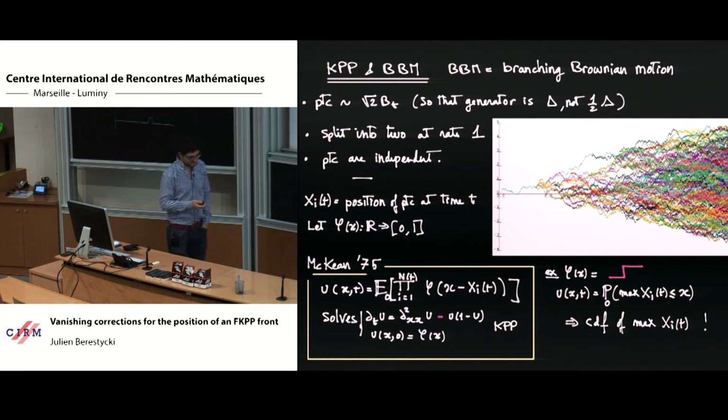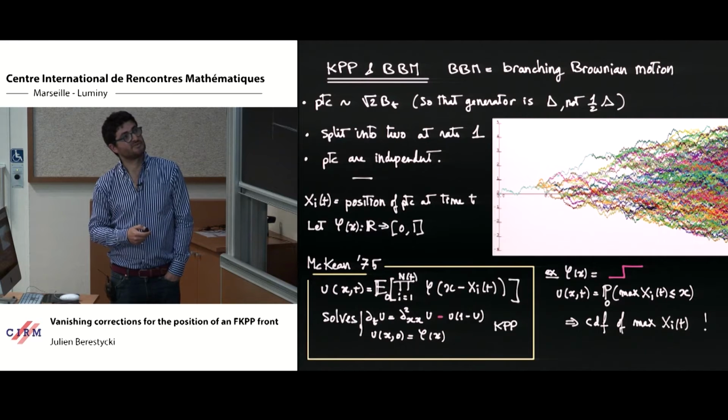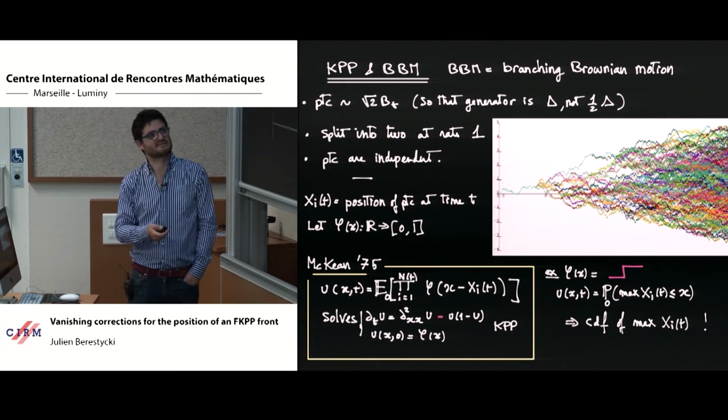McKean's representation, which is really just a Feynman-Kac representation for the FKPP equation, tells you that if you take this function, u of x and t, it is the expectation for the branching Brownian motion of the product over all particles alive at time t of phi applied to x minus xi of t.